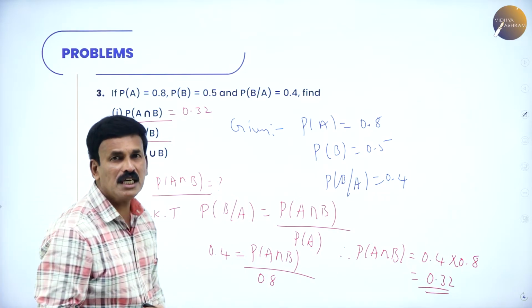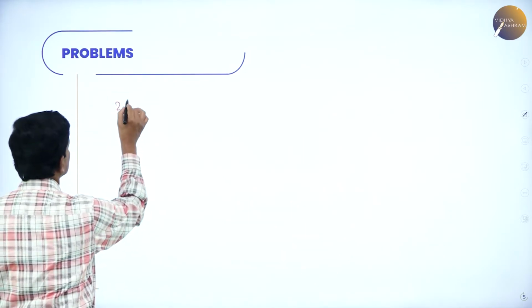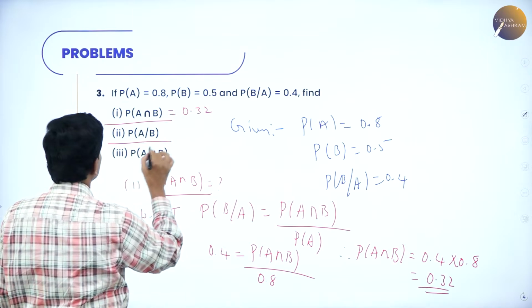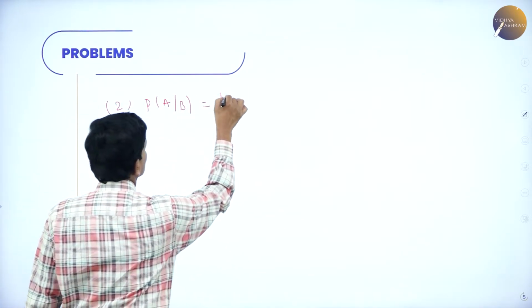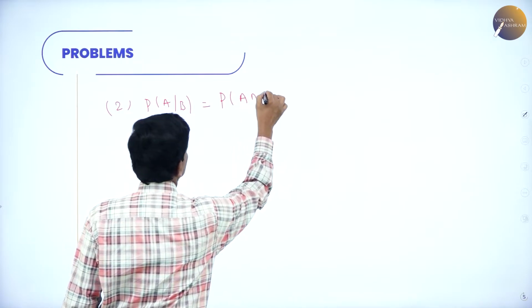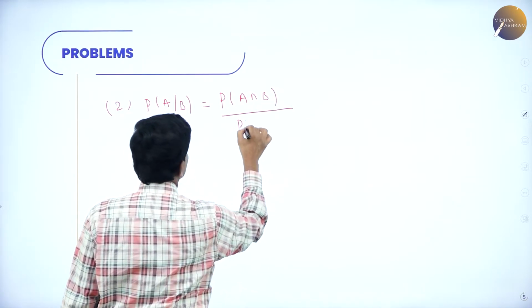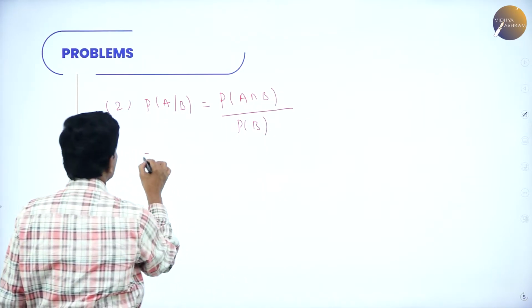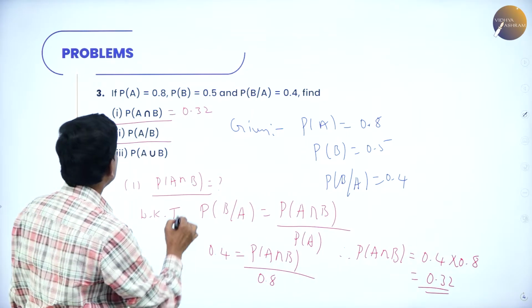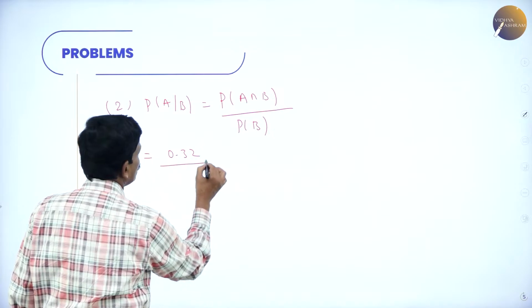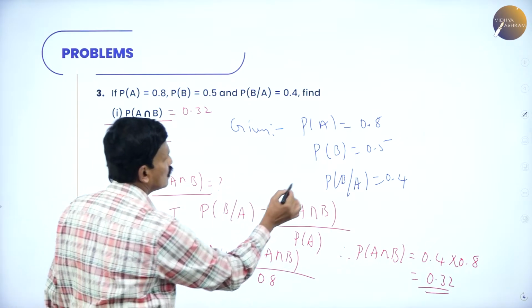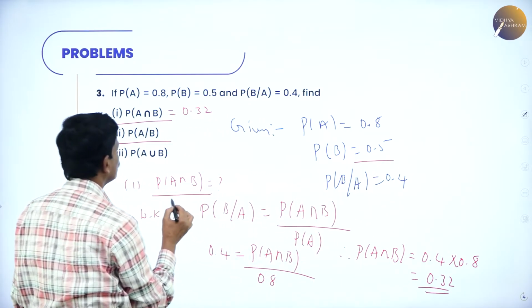The probability of A by B. To find the probability of A by B, it is equal to the probability of A intersection B divided by the probability of B. Now this is equal to, what is the probability of A intersection B? 0.32, divided by the probability of B. What is the probability of B? 0.5.